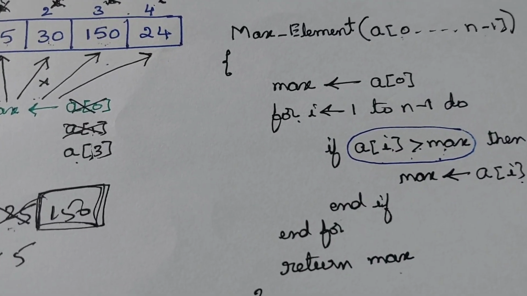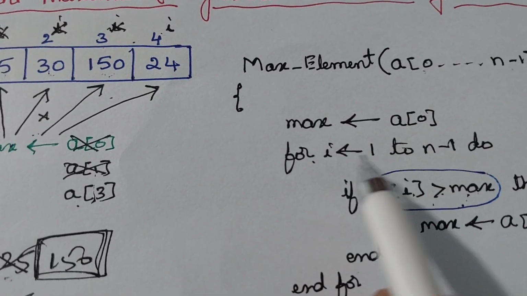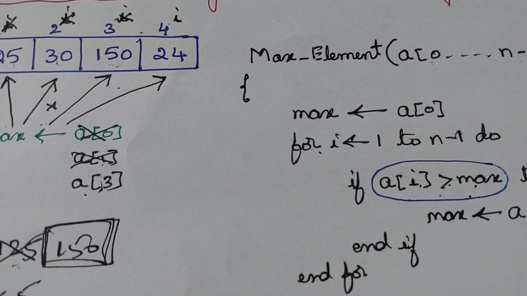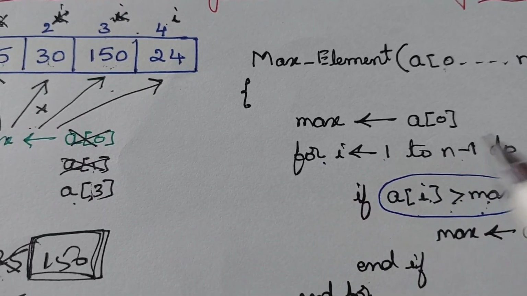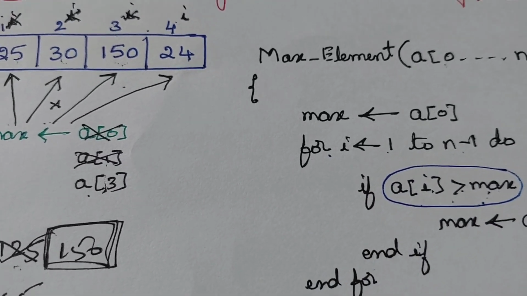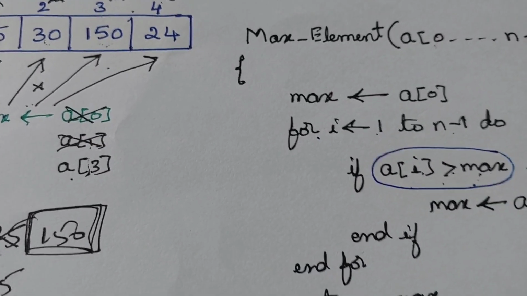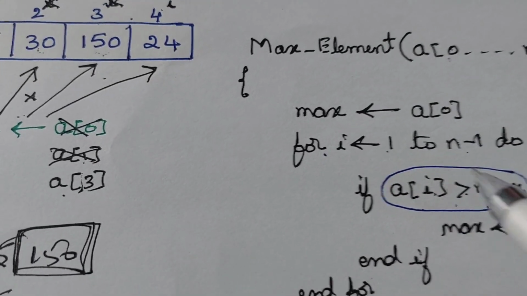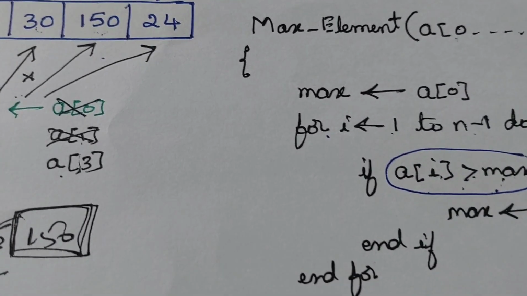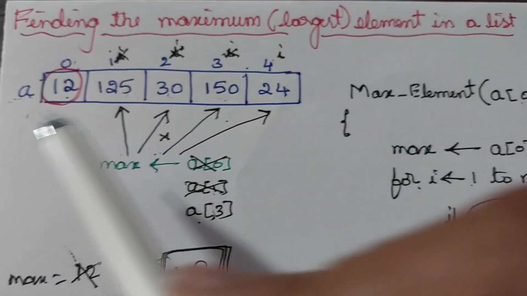Now in the summation, what is the variable used in the for loop? I. And I is varying from what to what? 1 to n minus 1. So I equals 1 to n minus 1. Now for each iteration of this for loop, how many times does the comparison operation execute?